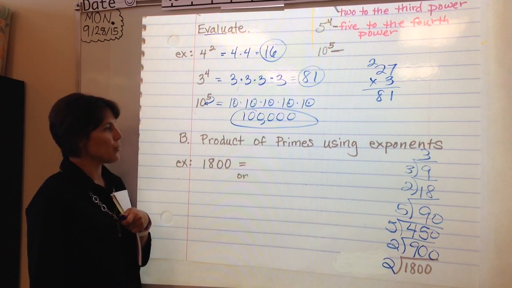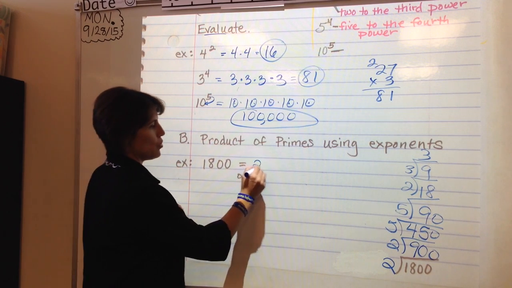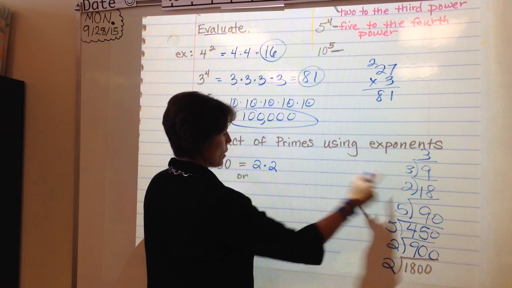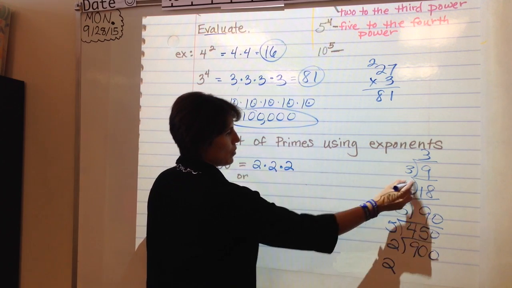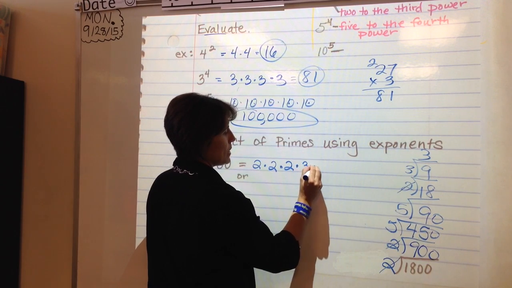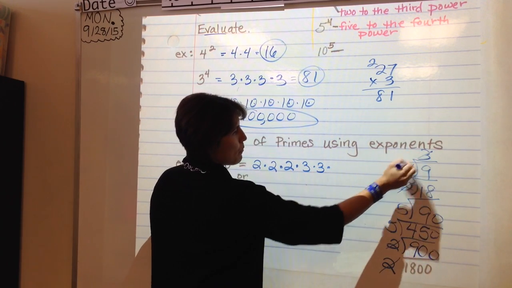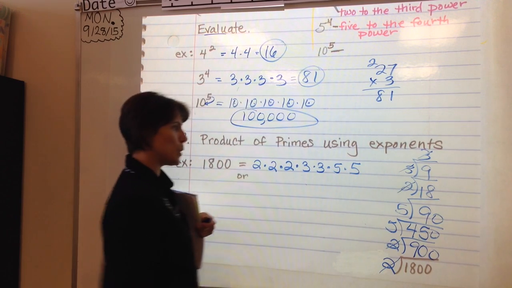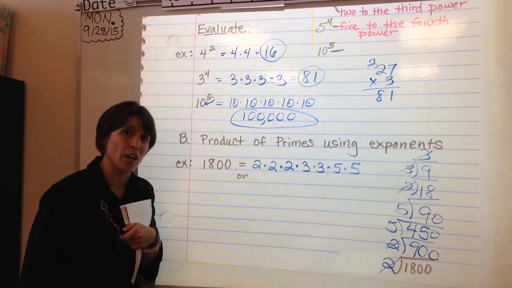All right? So another way, we can write 2 times 2. Don't forget to stay in numerical order. Times 2. Boom, boom, boom. Times 3 times 3. Boom, boom. Times 5 times 5. Shoo, that made me tired.